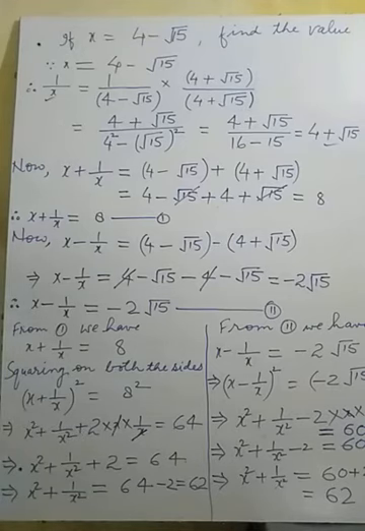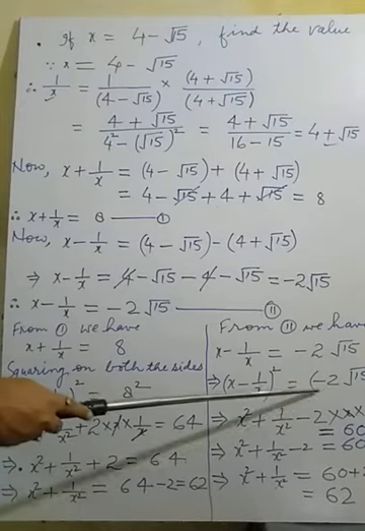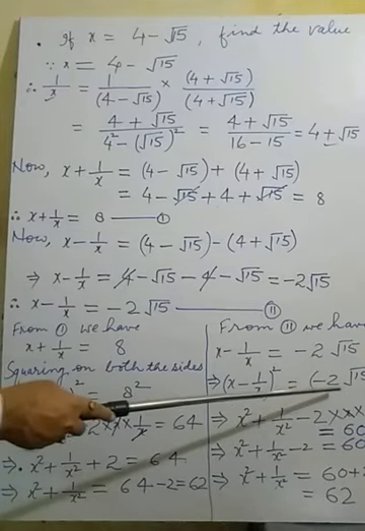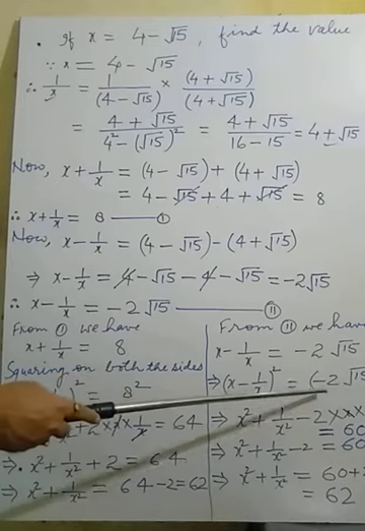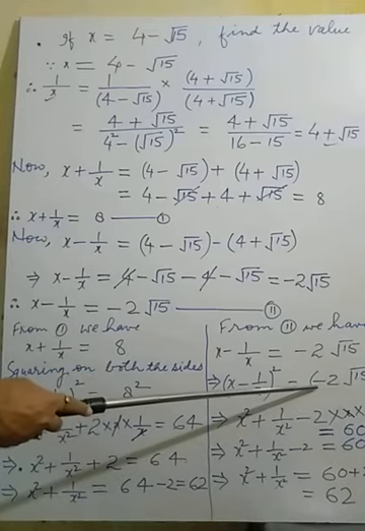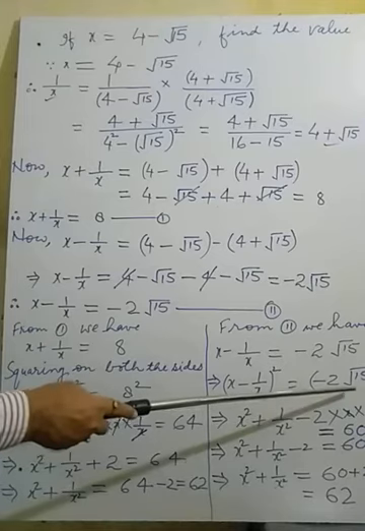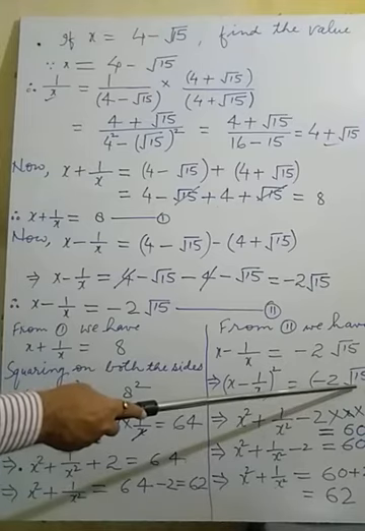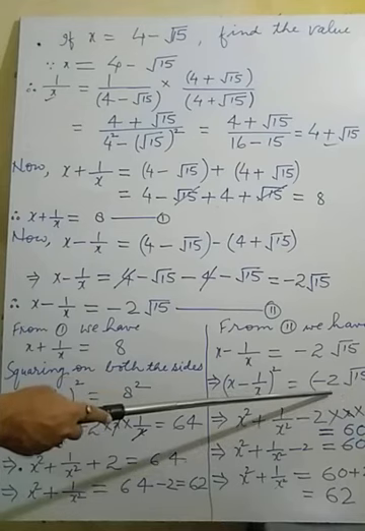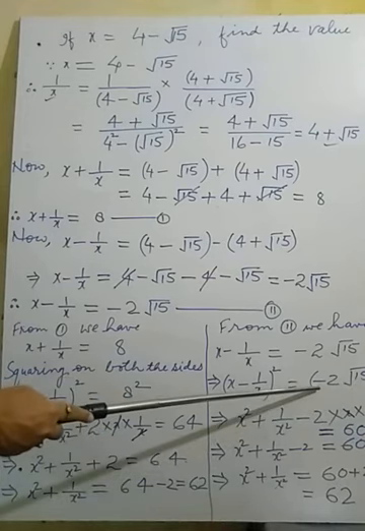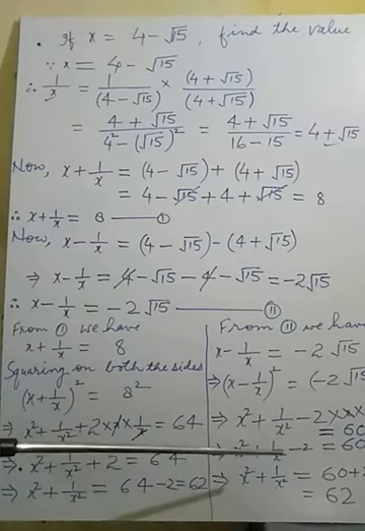Now after simplifying, if you simplify square of minus 2 root 15, the square of minus sign will become plus, the square of 2 will be 4, and square of root 15 will be 15. So 15 times 4 is 60, and this minus sign will become positive sign. So what will be there?